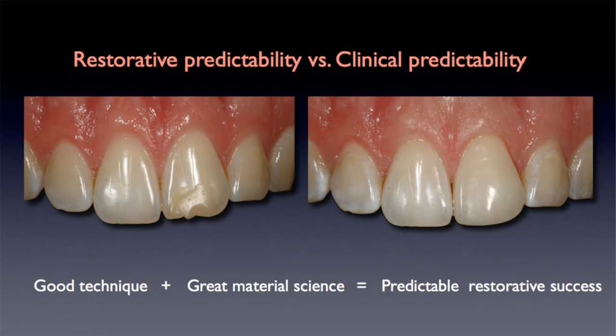So I want to poll the audience right now: do you have any trouble creating invisible margins with restorations? I'm going to start the poll. It's a very simple yes or no answer, but I want to see where we're at around the world here. I'll give you about 10 seconds to answer.